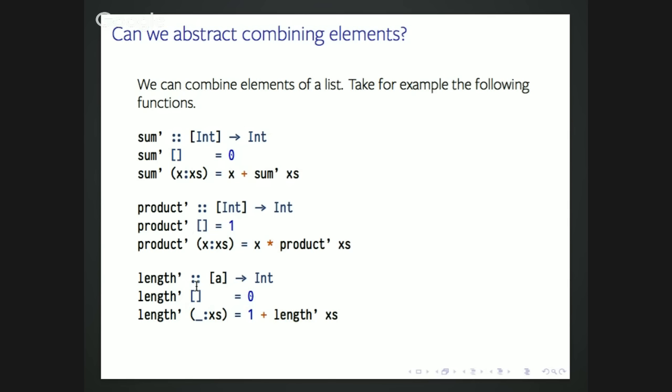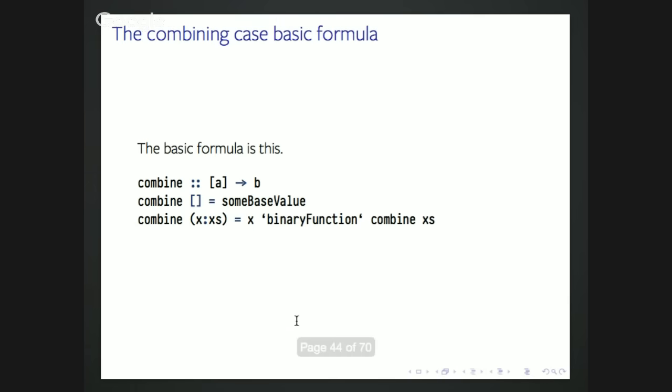So again, we see a kind of common pattern here. We match on the empty list, and then we have some base case value. And then here we match on the head of the list and the rest of the list, and then we have some binary operator in the middle combining the first element and the combination of the rest of the list. So the basic formula for this is basically combine.